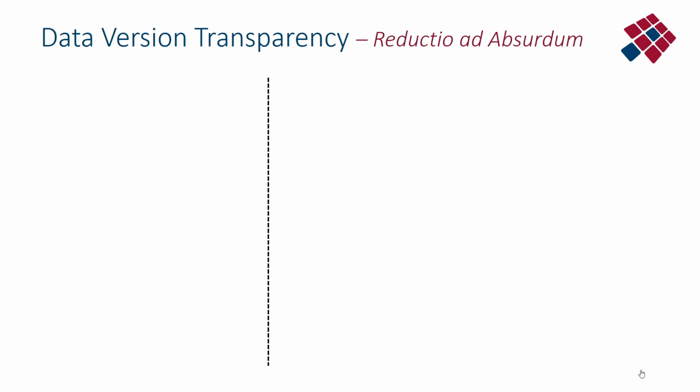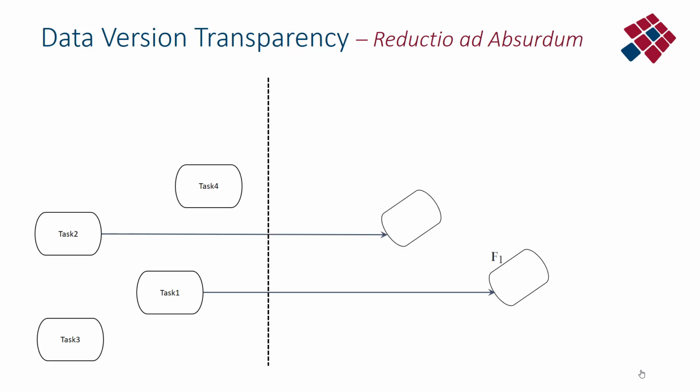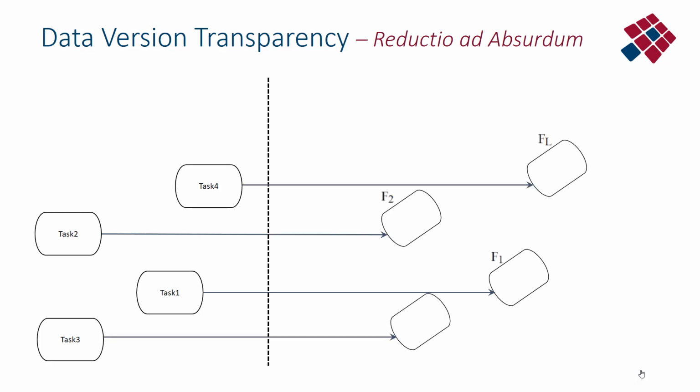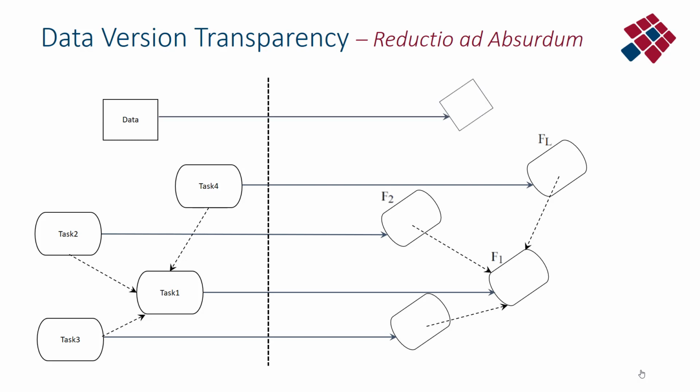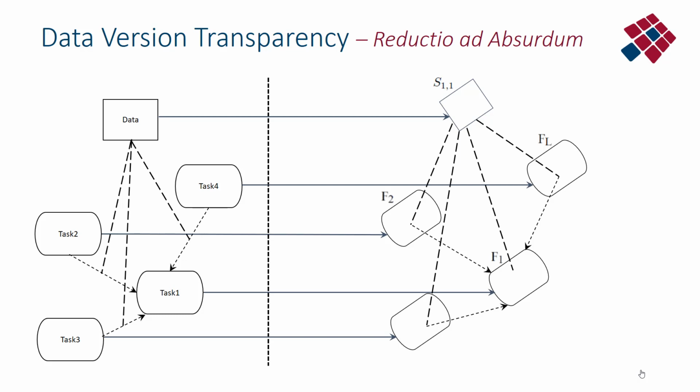A third design theorem is what we call data version transparency. And once again, we start from reductio ad absurdum. Now, suppose you have a number of action entities implemented in functions or classes with main methods. But these action entities pass data between each other. So, for instance, if task 2 calls task 1, but they pass to each other a piece of data, then they become dependent on these pieces of data as well.